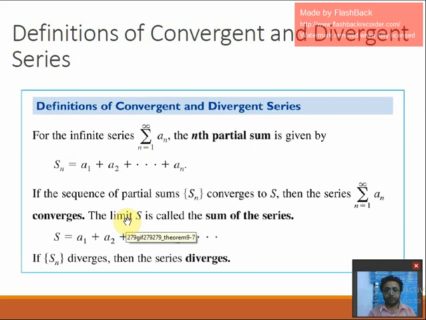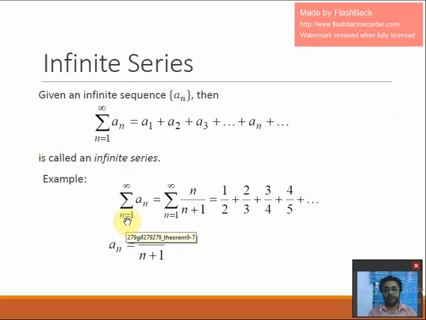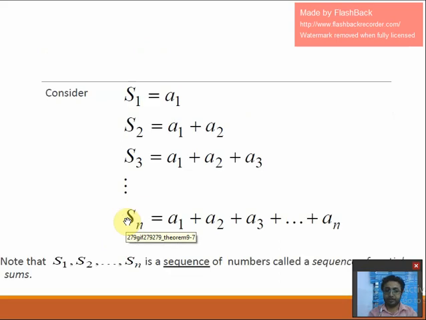Just to summarize what we have studied: first of all, what a sequence is, what the criteria for convergence of a sequence are, what a monotonic sequence is, what monotonic increasing and decreasing sequences are, when we call a sequence bounded, and also the definition of infinite series. That much we have studied today.